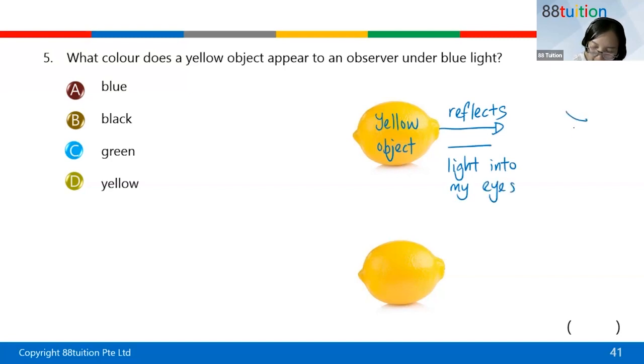My eye is here. Okay, my art is not very good. Y'all imagine it's a nice eye. Thank you, Harvard. The rest, can you tell me what is this answer here? A yellow object. Thank you, Zixuan. The yellow object will reflect what color light into my eyes?